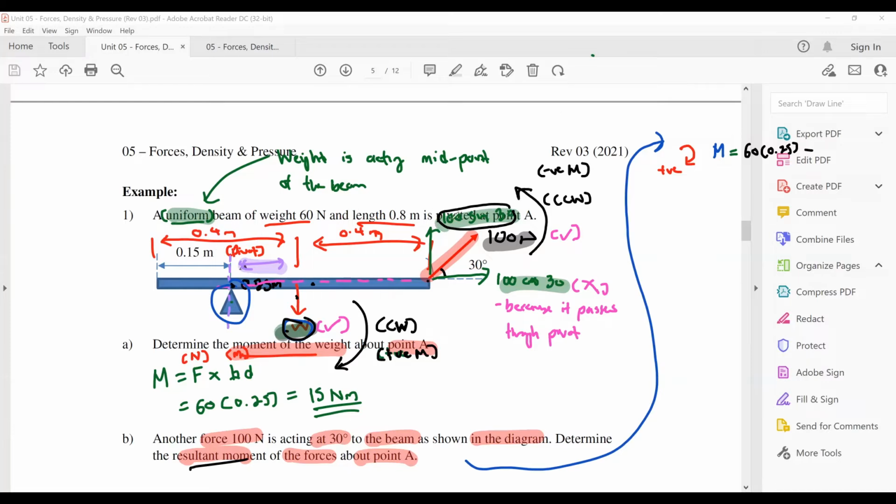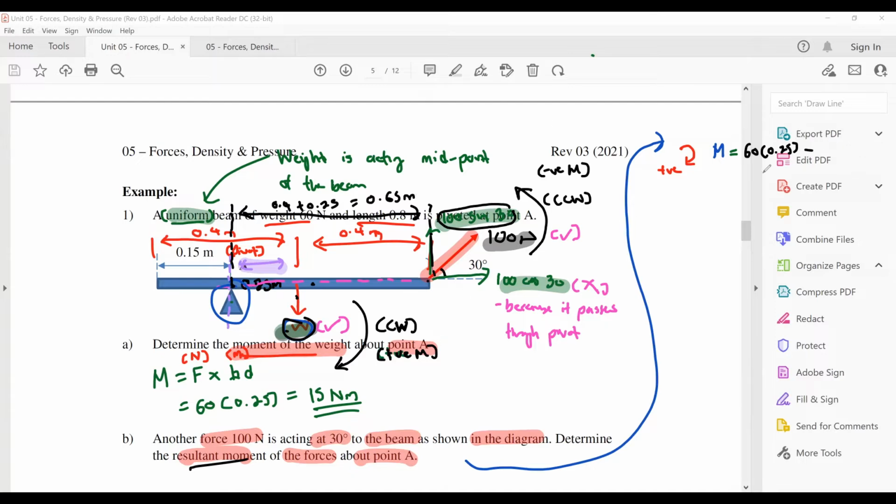What is the perpendicular distance for this force to the pivot? Same thing as before. This one will actually be 0.4 plus 0.25, giving you 0.65 meter.